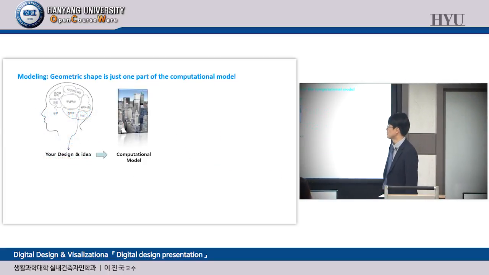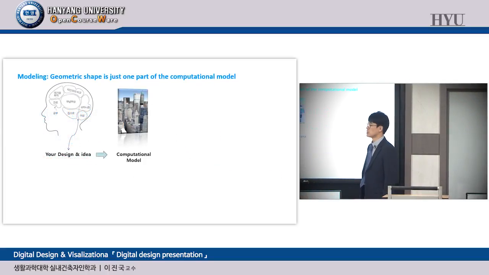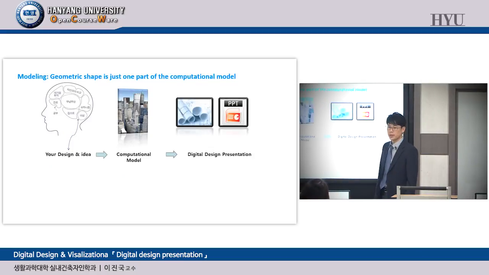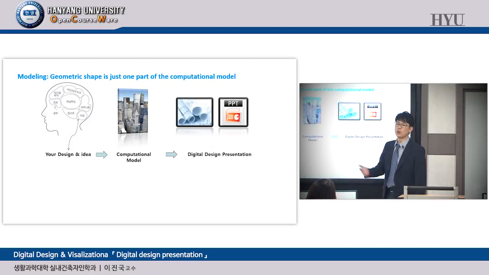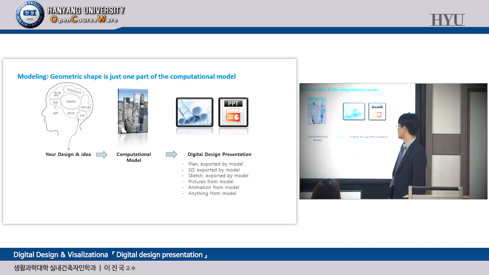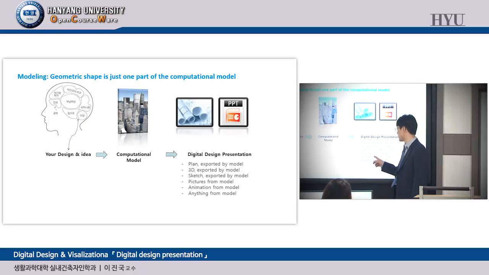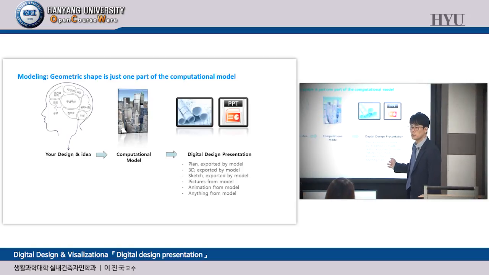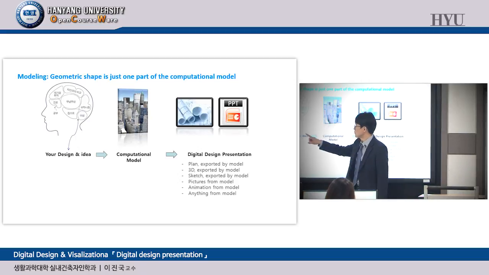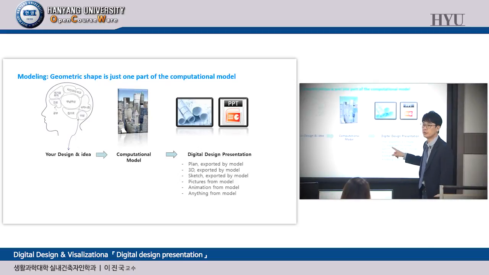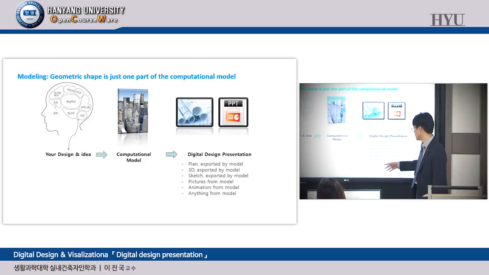We have an idea. We build a computational model. Why? Simply because we need to represent our design. Digital design presentation, plan, 3D sketch, pictures, animation, anything from the model. Without a model, going from your head directly to your drawings, to your presentation material, is very iterative, time-consuming, laborious.